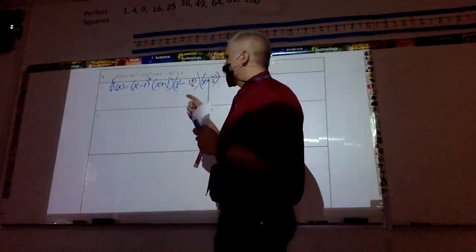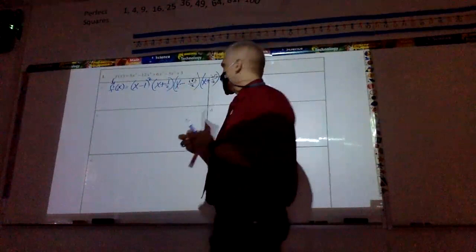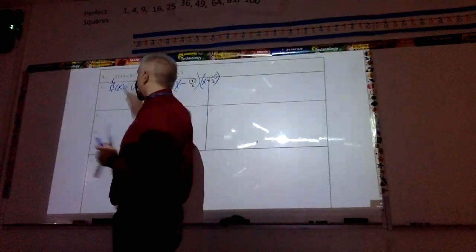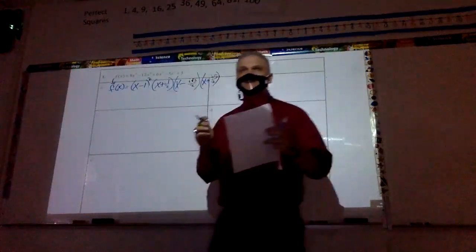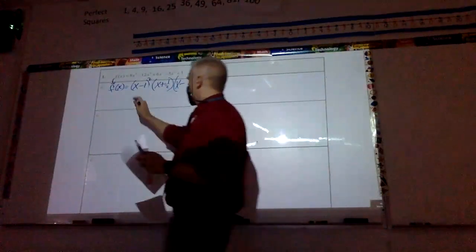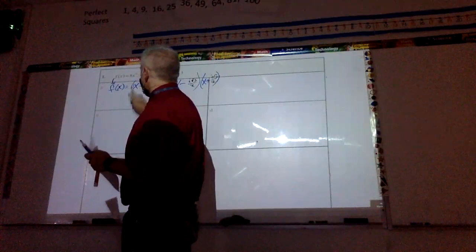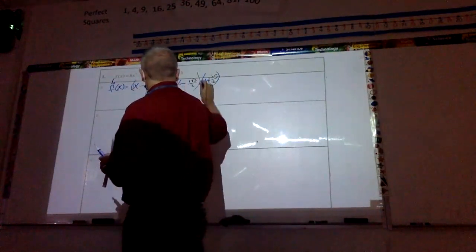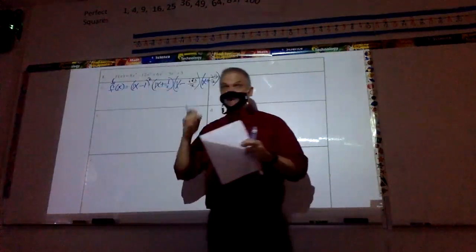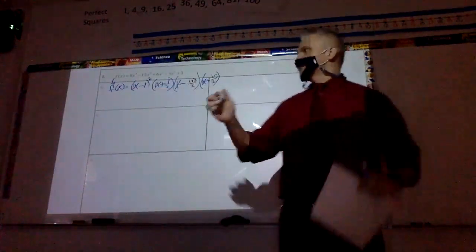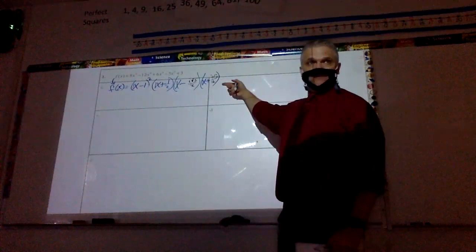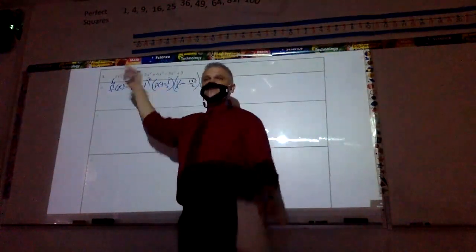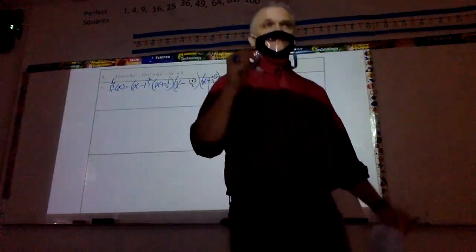But even more so, what is the leading coefficient? It's an 8. So if I take the 1 squared times the 1 times the 1 times the 1, my leading coefficient of this is 1. My leading coefficient of the original is 8. So they're not the same.